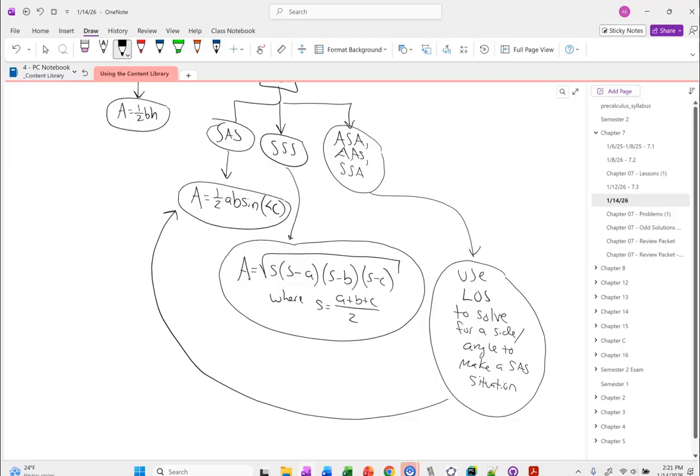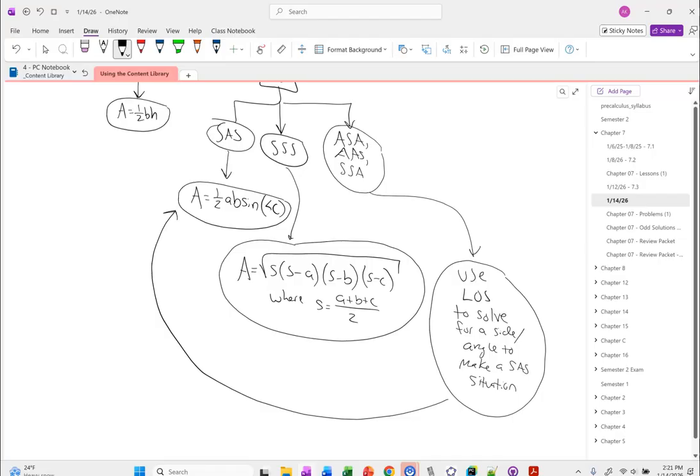So if you have anything else, if you have angle, angle, side, angle, or side, side, angle, you have to use the law of sines to find a missing side length in the case of angle, side, angle, or angle, angle, side, or in the case of side, side, angle, a missing angle measure.